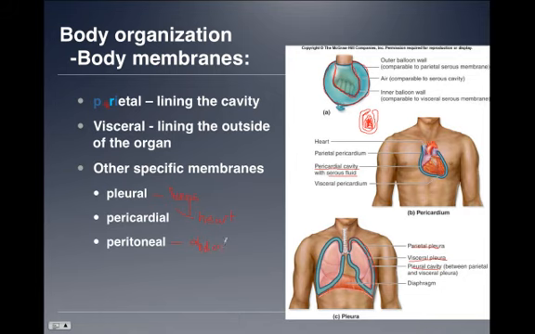You're going to have to excuse me as I get used to writing with my mouse. This is awful. But if you can read that, that says abdominal. So the peritoneal cavity is that double membrane that surrounds the abdominal organs.